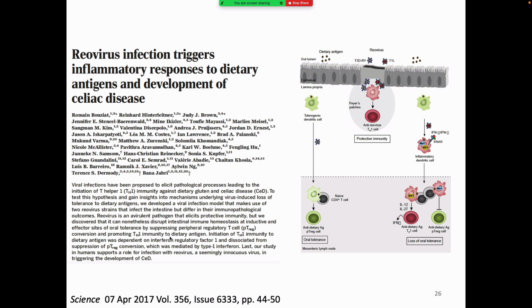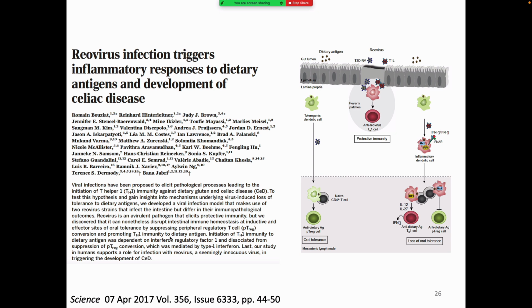Reovirus is a microbe that infects the GI tract. And those dendritic cells are going to send out cytokines in the area. This is going to be a different mix of cytokines than it would have been otherwise. And as a result, this T cell is not going to learn how to be a Treg.